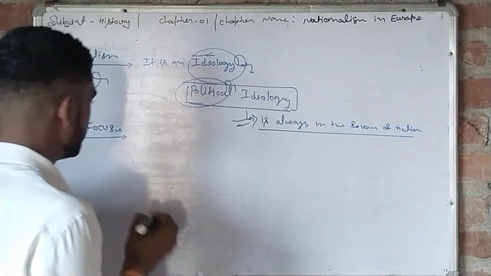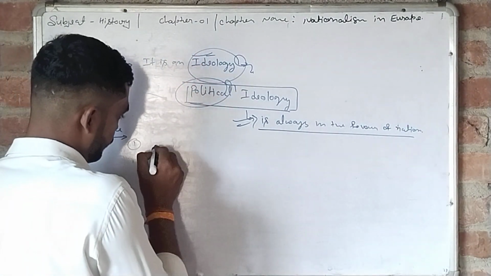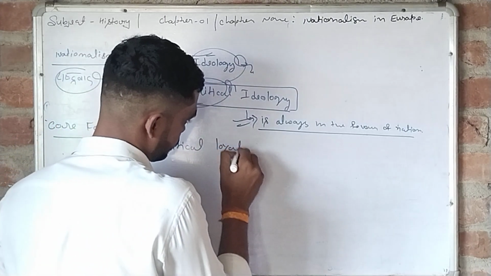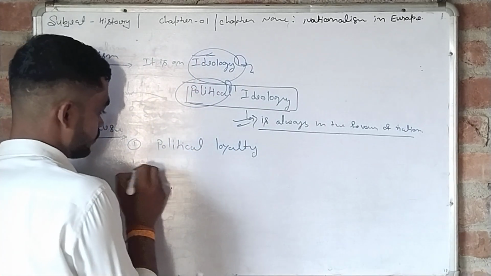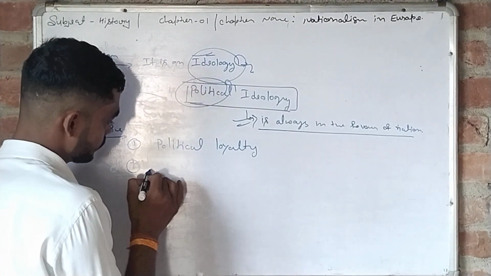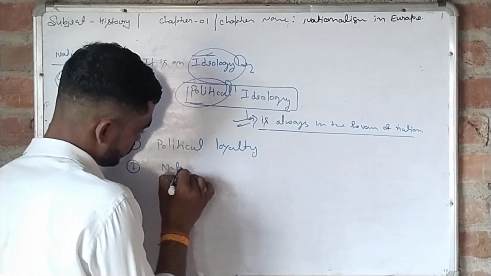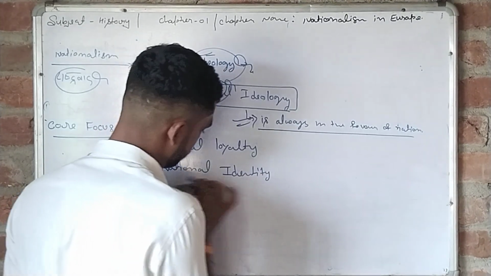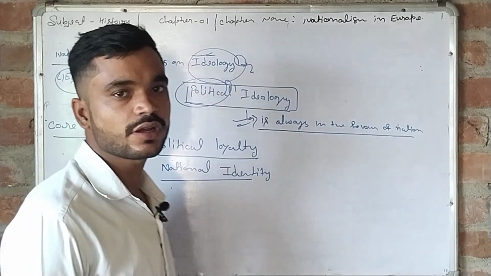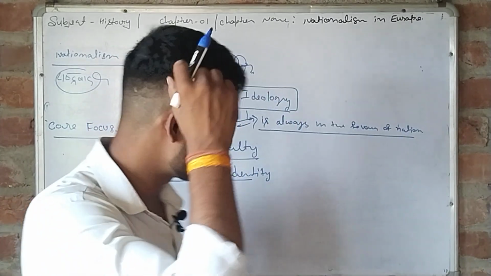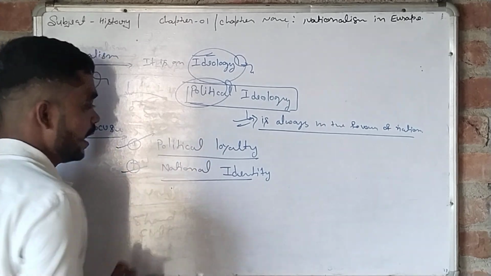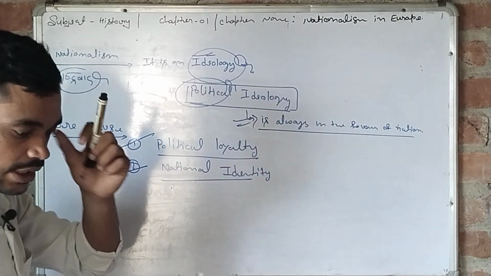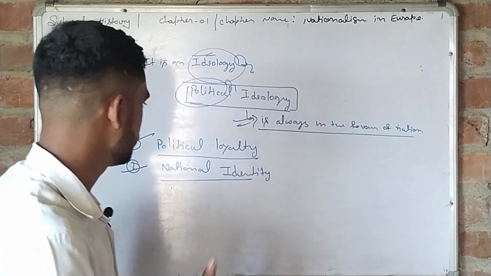The first is political loyalty, and the second is national identity. These are the core focuses of nationalism. राष्ट्रवाद के दो मुख्य फोकस हैं यही.